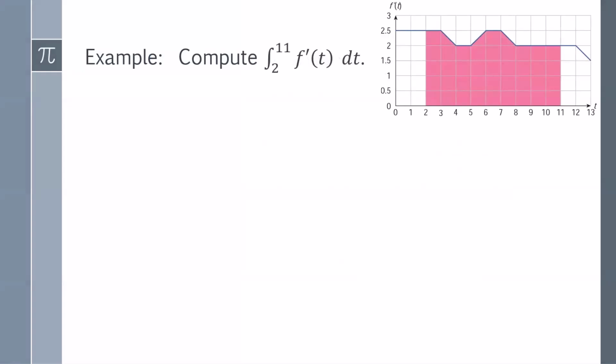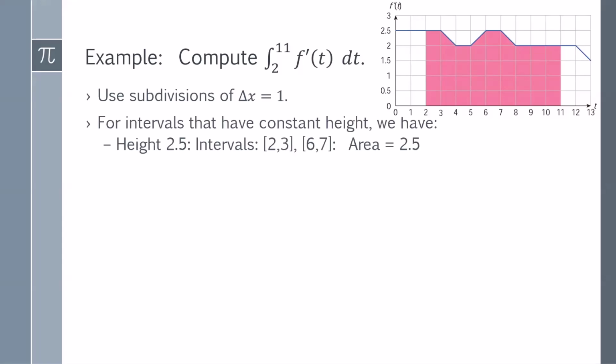As an example, let's compute the area under this curve between 2 and 11. If we use subdivisions of delta x equals 1, we have a bunch of intervals that have height 2.5, for example, the interval from 2 to 3 and the interval from 6 to 7.